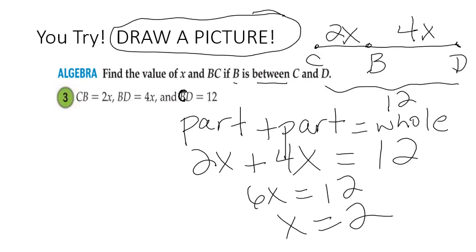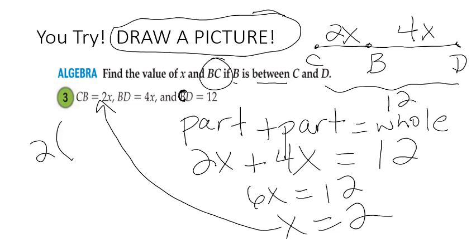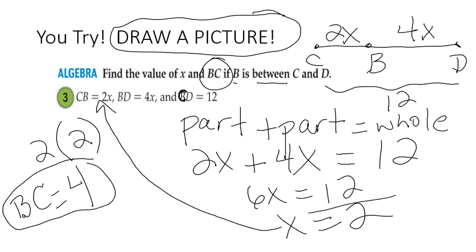Now we can figure out what BC is. We can substitute in 2 times x, where x is 2, is 4. So BC equals 4. This problem actually has two different parts to it that they wanted us to figure out.